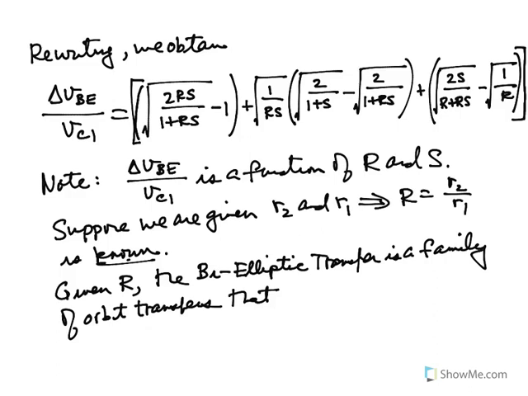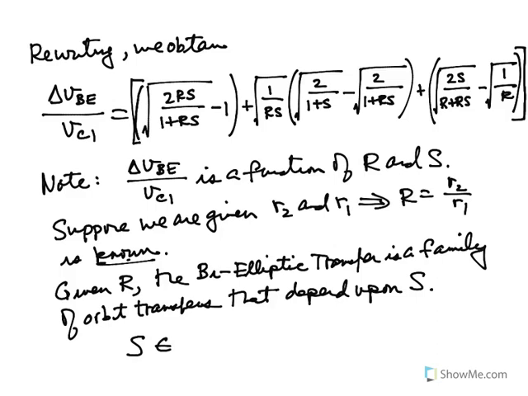that depend upon S. In other words, if we freeze R at some value, so we know the initial and final radii of the orbits, then there are an infinite number of bielliptic transfers that depend on the value S, because S ranges between, well, what can it range between?